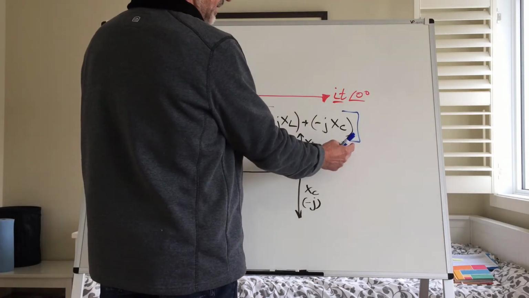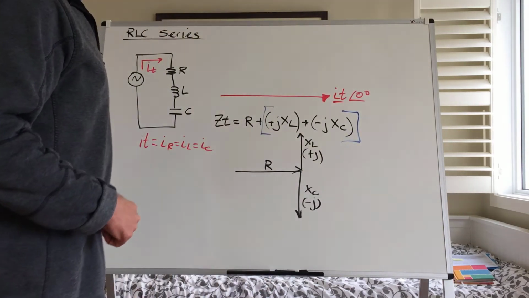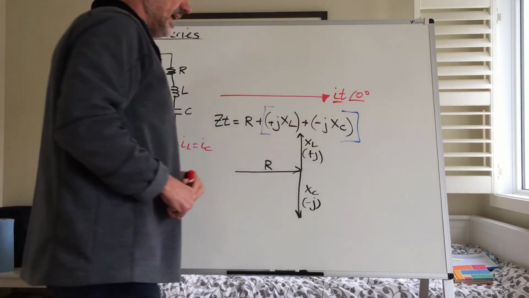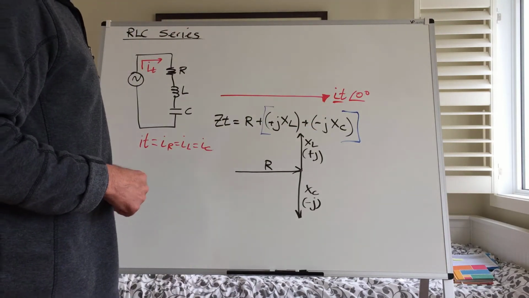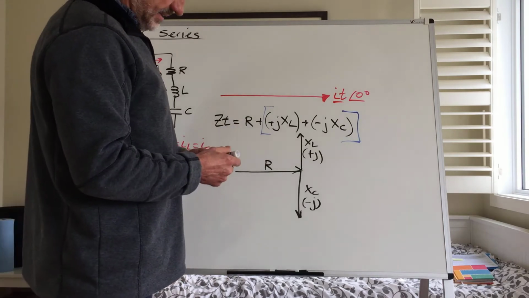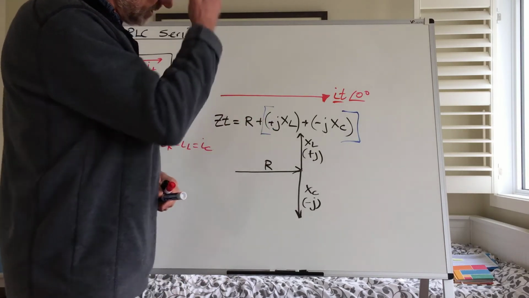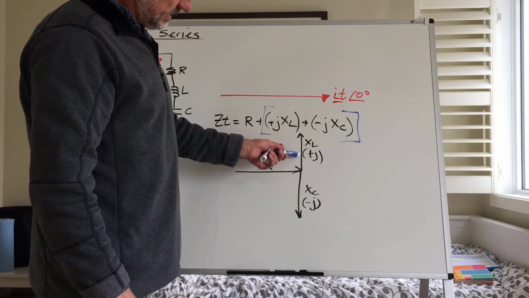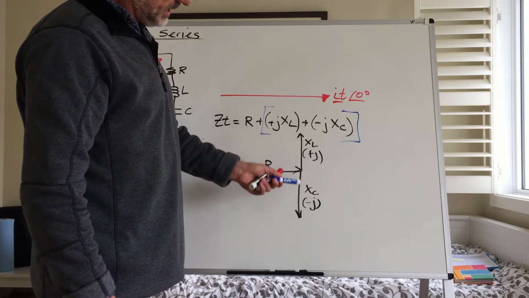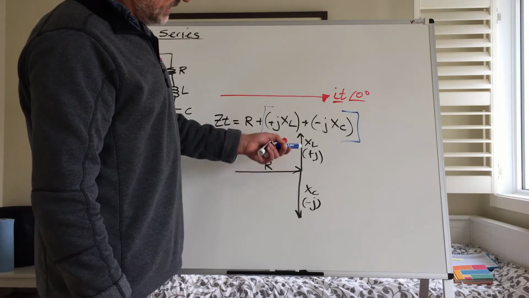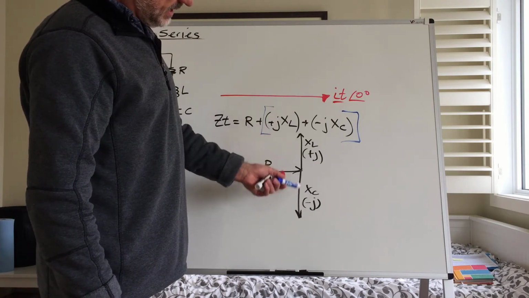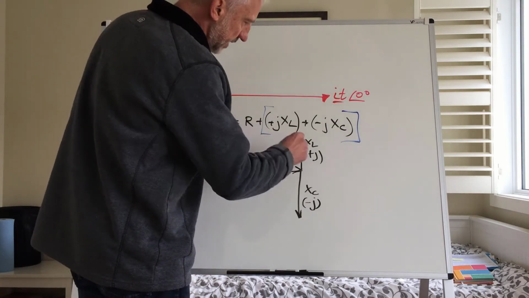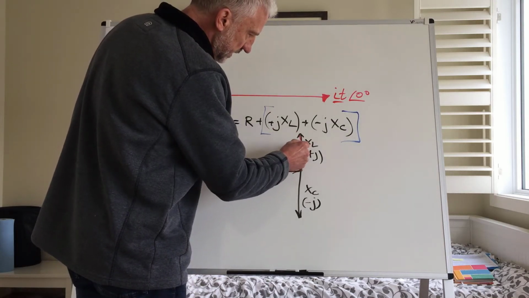This part of the equation is representing two quantities that are 180 degrees out of phase, and you have a net reactive value. So let's suppose that in this case XL was the greater value. If we look at this impedance triangle, XL, or the plus J, would be greater than the minus J. So when you added the minus J value to XL, you'd end up with some net value down here.